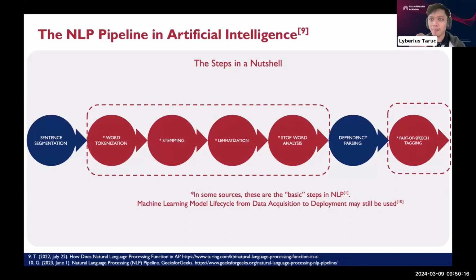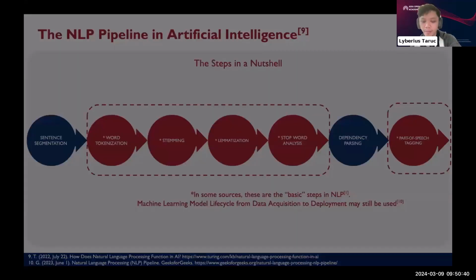Again, how the pipeline is implemented, you can use the machine learning model lifecycle in order to process the given unstructured text. So we have here 7 general steps, and I'll go through them one by one.